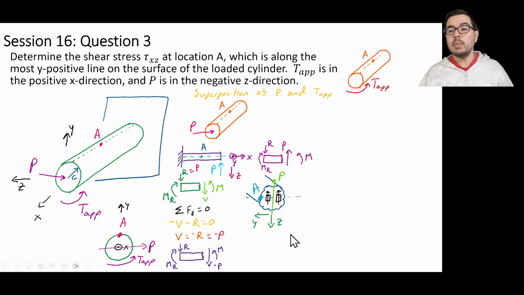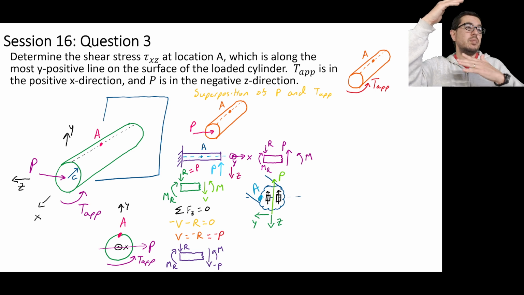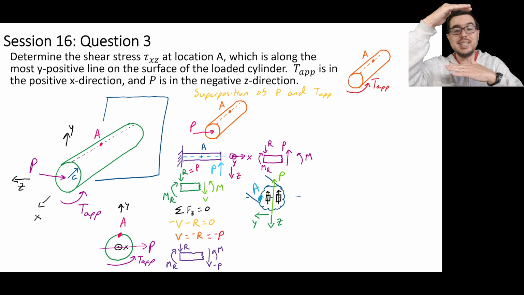If we think about the transverse shear stress on this face, and you can go back and look at the notes for calculating transverse shear stress for a beam, if you're at the top or the bottom of the beam, so y prime equals c, or y prime equals minus c, depending on however you want to draw it out, we know at the top or the bottom, the transverse shear stress is going to be 0.